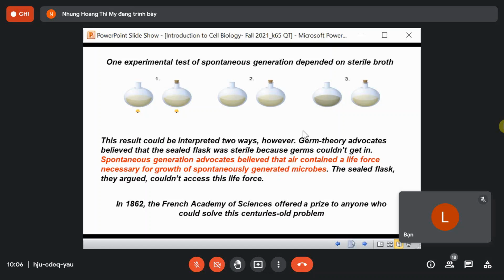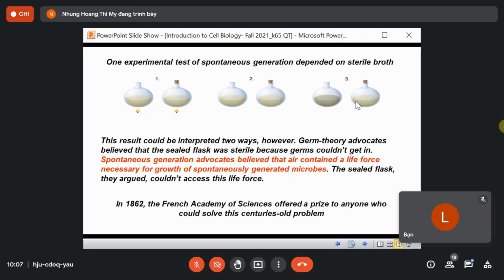But the spontaneous generation theorists didn't agree with that, because they said that the air contains a life force, and the life force is necessary for the growth of spontaneously generated microbes. So if you seal the container, you prevent the life force from reaching the spontaneously generated microbes.